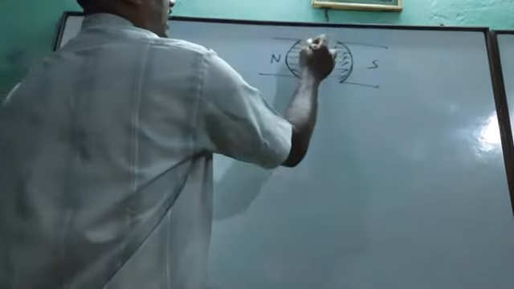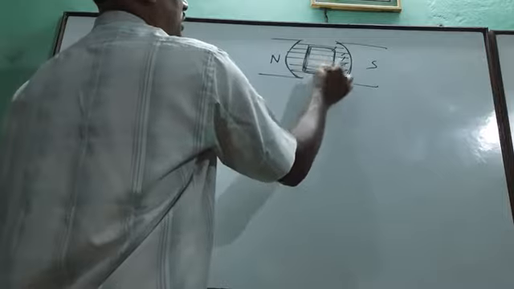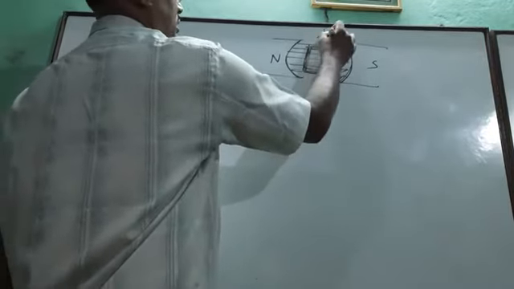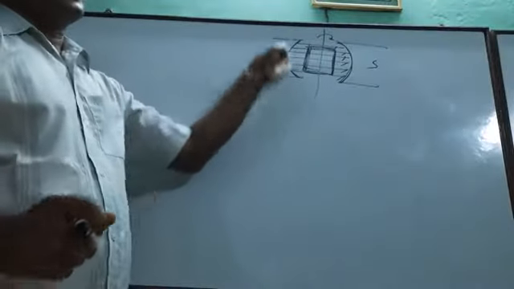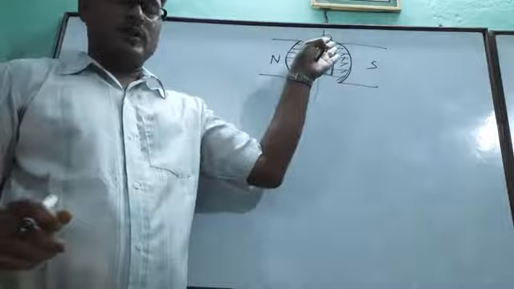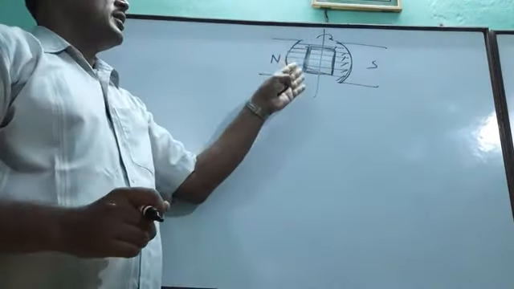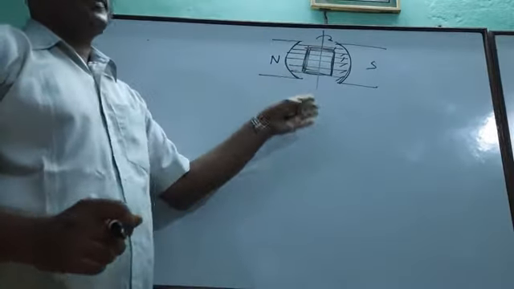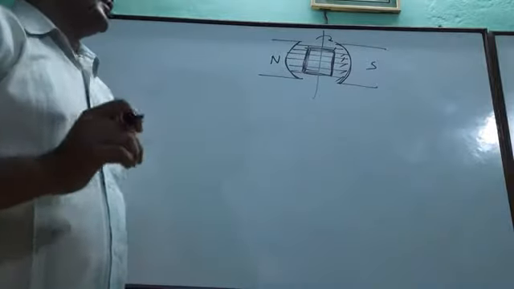Now a rectangular coil is placed here. This is the plane of the coil, and it can rotate about an axis perpendicular to the magnetic field. This coil can rotate freely about an axis which remains perpendicular to the magnetic field.